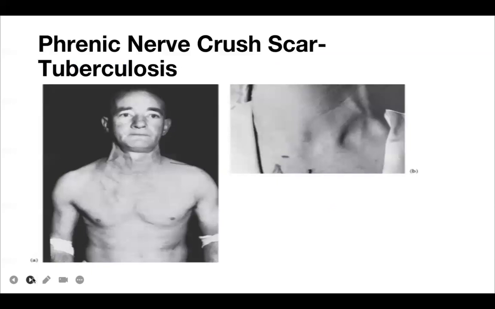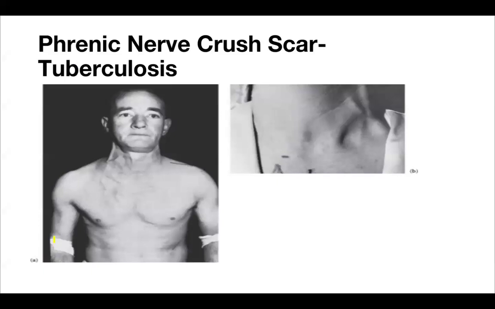Another thing that we used to do in the past is called the phrenic nerve crush scar. In a suspected TB lung, the lung would be made less active by doing this sort of phrenic nerve crush, or by another procedure that we used to perform in the past, thoracoplasty.